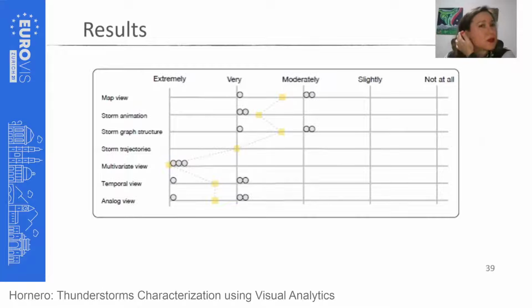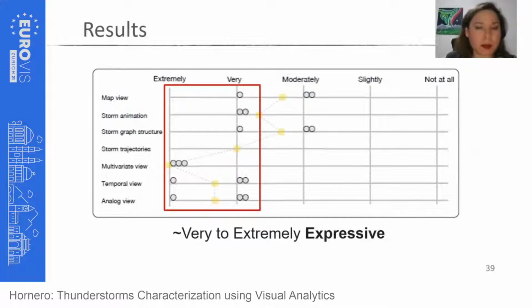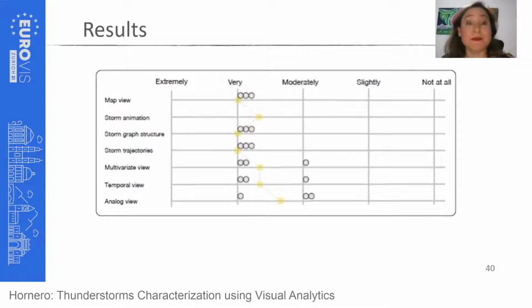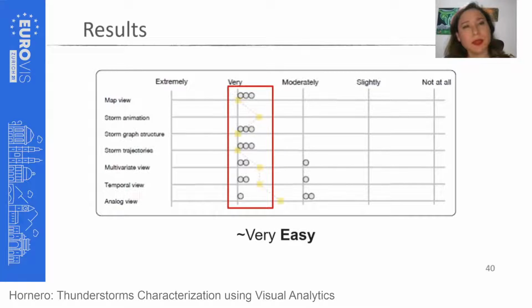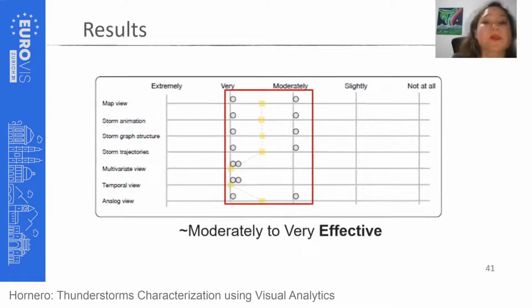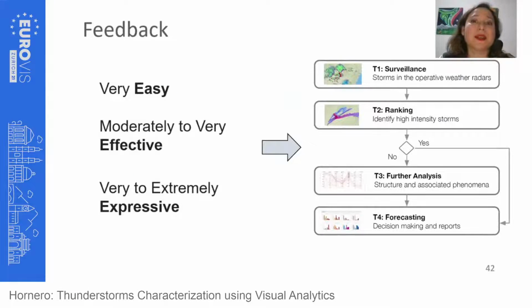So the results of our interviews showed that domain experts found the visualizations very to extremely expressive, very easy, and also moderately to very effective. These very positive results were not all. They also proposed scenarios where our visual tool can work.